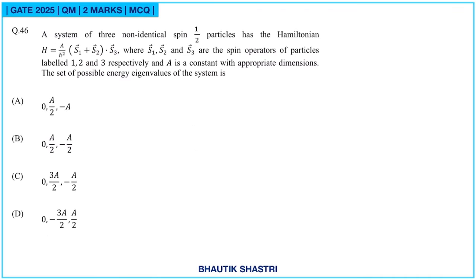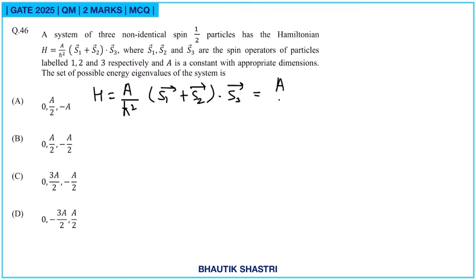Next question. A system of 3 non-identical spin-half particles has the Hamiltonian H is equal to A by h cut square (S1 bar plus S2 bar) dot S3, where S1, S2, S3 are the spin operators of the particles labeled 1, 2 and 3 respectively, and A is a constant with appropriate dimensions. The set of possible energy eigenvalues of the system is.